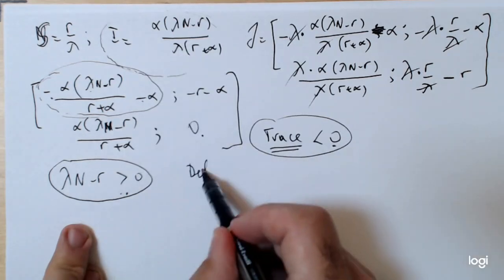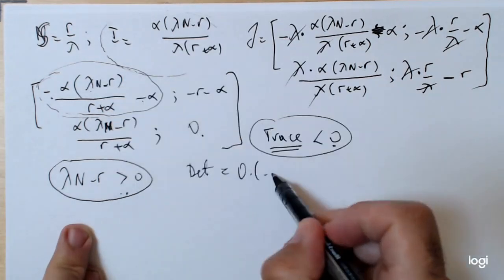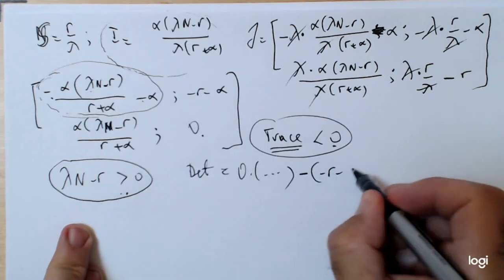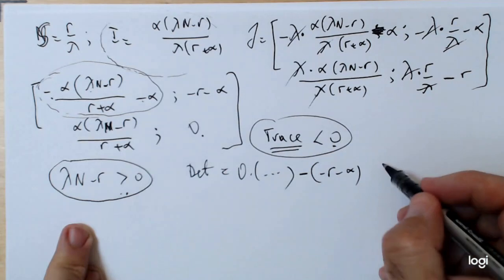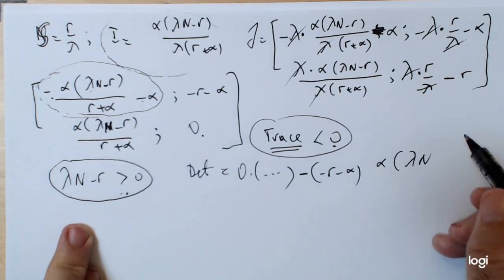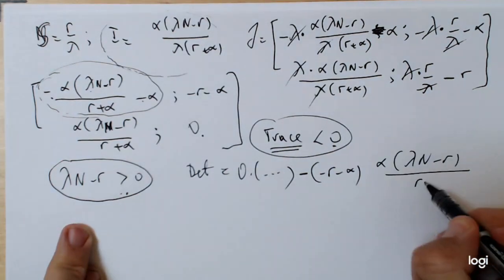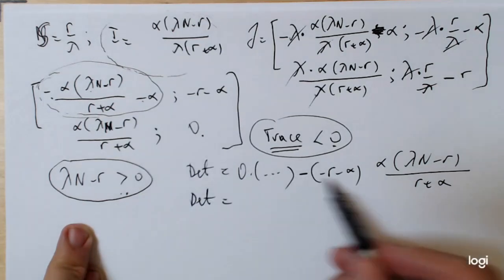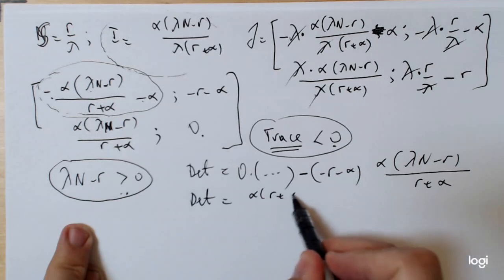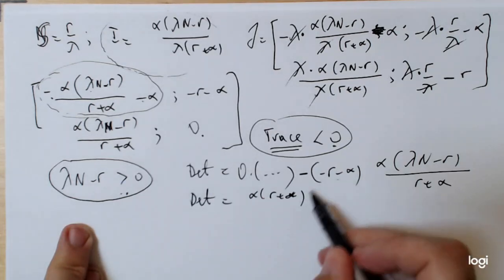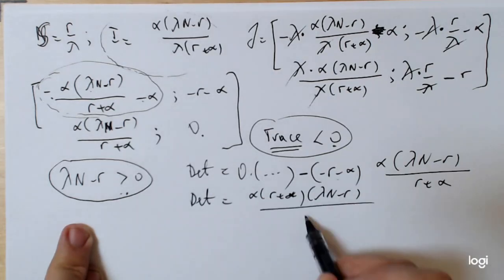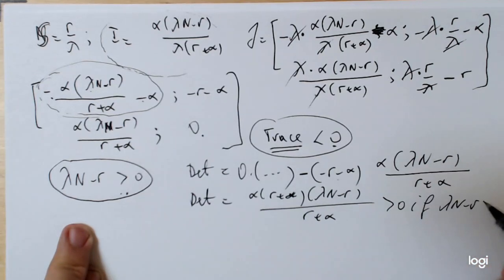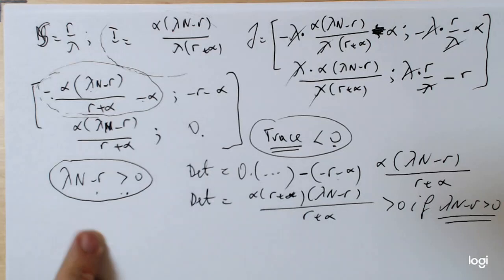The determinant is 0 times this left corner minus r minus alpha, this corner, times alpha n minus r over r plus alpha. So the determinant, if I cancel the minus here, is given by this, which clearly is positive if lambda n minus r is positive, which again is established.